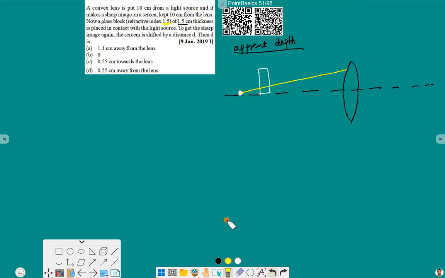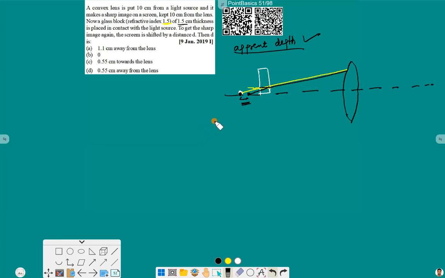Now at this point, light has to bend. If I draw a normal here, light has to bend towards the normal. So light will bend slightly towards the normal, and then light will go like this. Means for the lens, it will appear that light is coming from some point here, not from this point. So this is the shift that is happening due to the apparent depth.